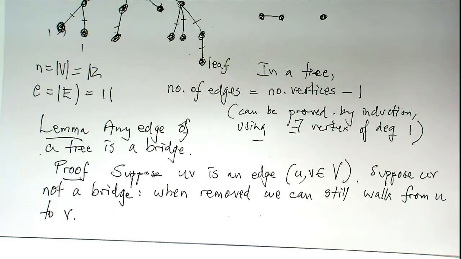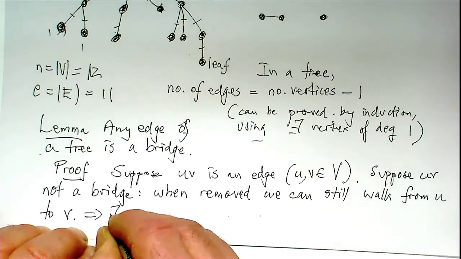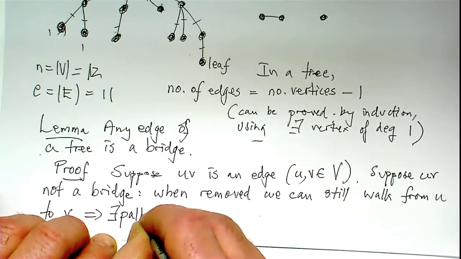Remember, a path you don't go over an edge more than once. But if you can walk from U to V, you might go over edges more than once. But you can always get rid of that by eliminating detours. So that means there is a path from U to V.